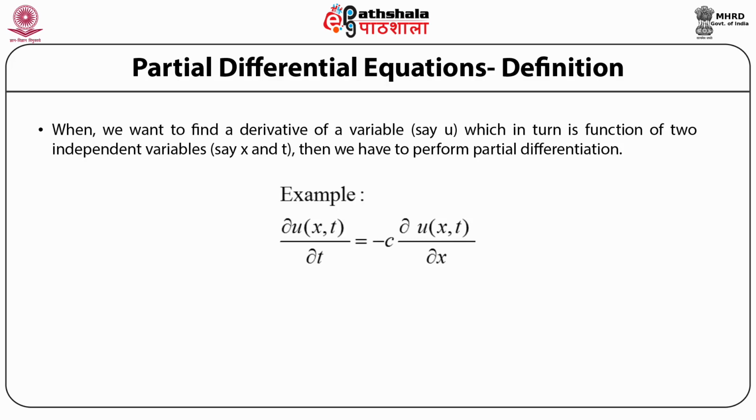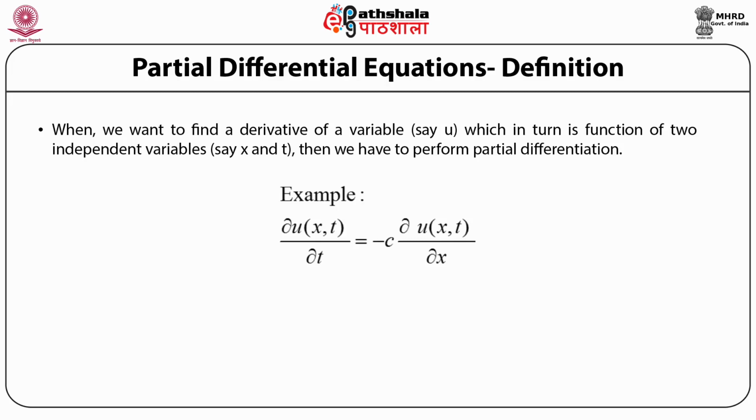So u is the dependent variable, and x, t or x, y, t, z, these are all going to be independent variables. The moment we are going to deal with such a situation, then we have to definitely use partial differential equation and not ordinary differential equation.